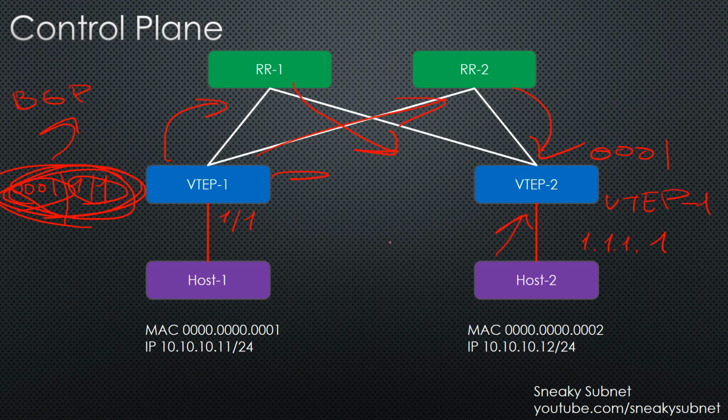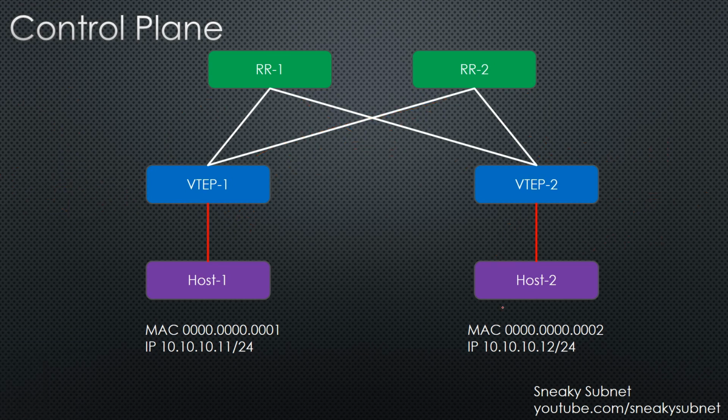Exactly the same story happens in the opposite direction. So basically, as soon as you plug your hosts into your network, this information goes into the CAM table. The CAM table is redistributed inside BGP. BGP routes are exchanged, so every VTEP in your network knows about all MAC addresses and where they are actually located.